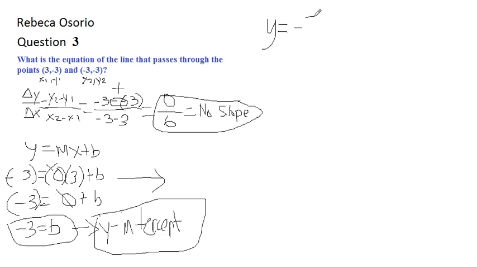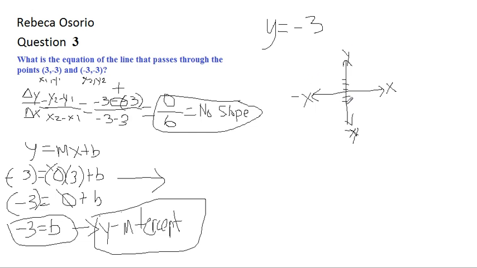So we would just write y equals -3, which would basically mean, if I could just draw a little diagram for you down here, this is the y and the x, negative x, and then negative y. So basically what this means is that y will always be -3.